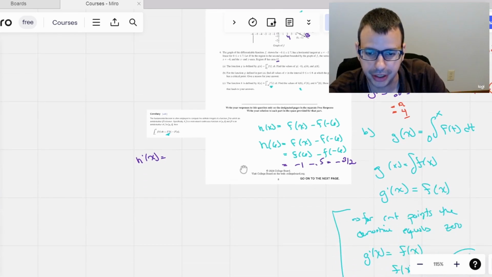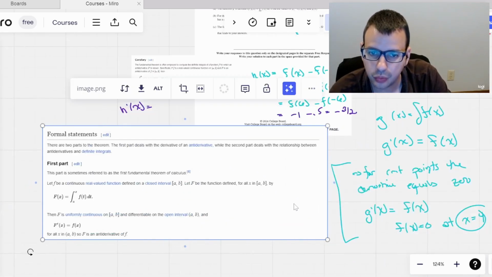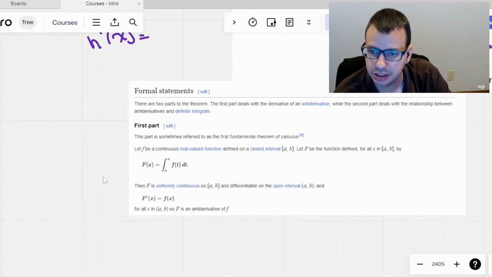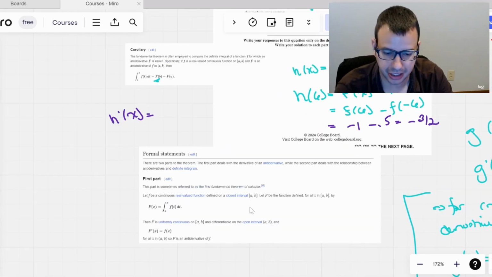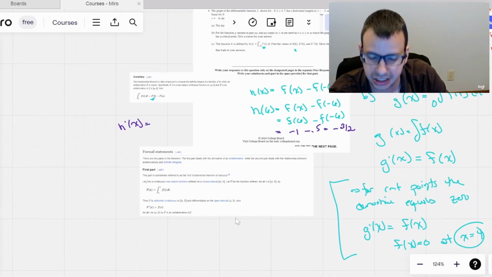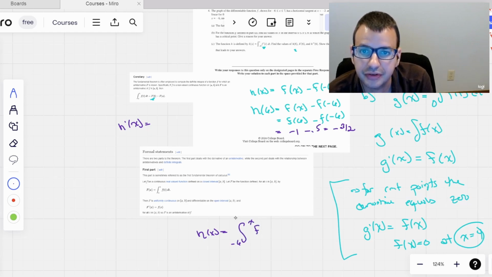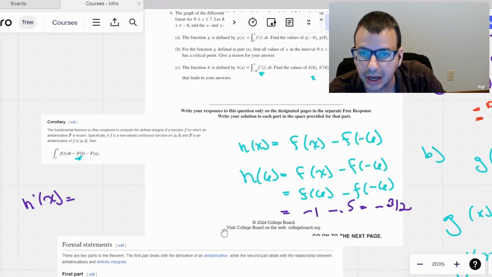And again, just straight from Wikipedia. So this is h of x equals the integral from negative 6 to x of f prime of t.